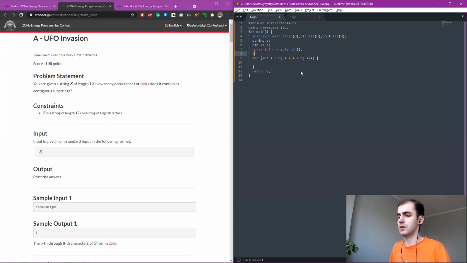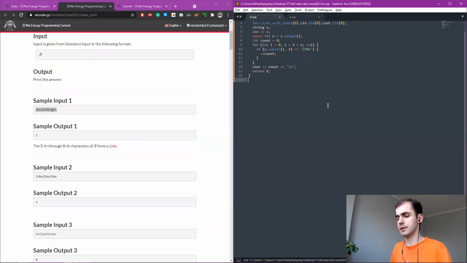So we'll just count occurrences, and we have to take a substring starting from index i of length 4, and we'll check if it's equal to zone. And in this case, I want to increment count, and we want to print count in the end.